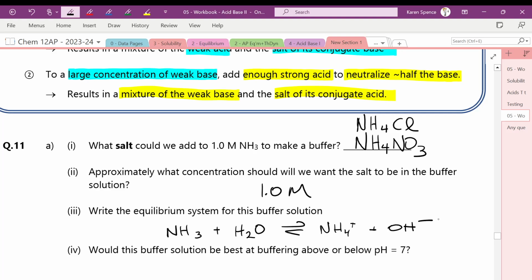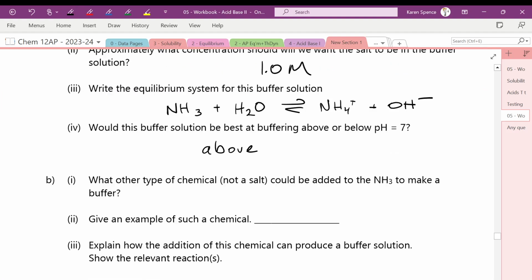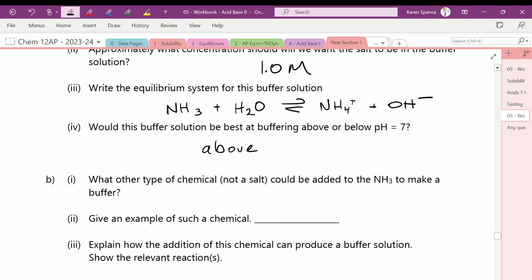Would this buffer solution be best at buffering above or below pH 7? Above pH 7. You could check with the Kb of NH3, or the Ka of NH4+. What other type of chemical, not a salt, could be added to the NH3 to make a buffer?